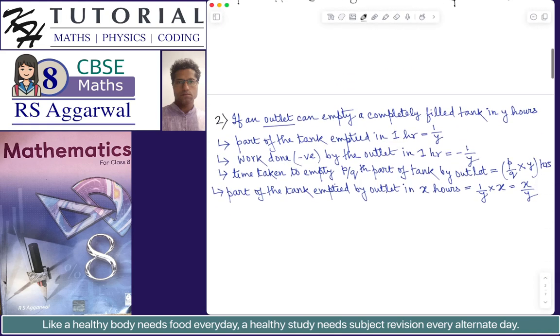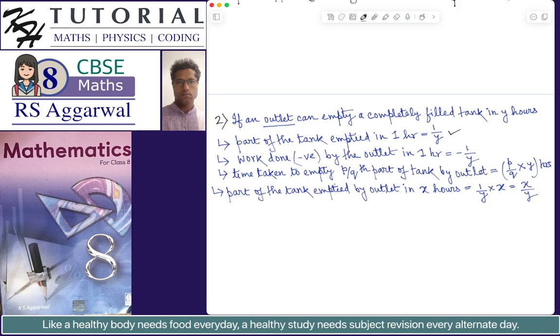Let's see. The first result is that the part of the tank emptied in 1 hour is 1 by y. Since an outlet empties a tank, the second result is that the work done is negative.